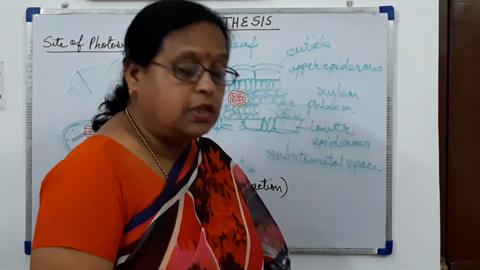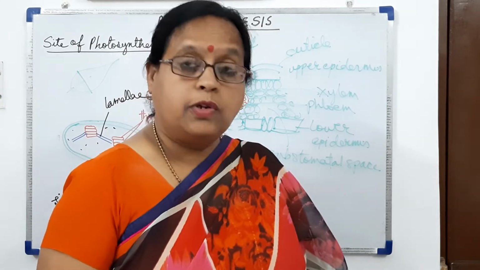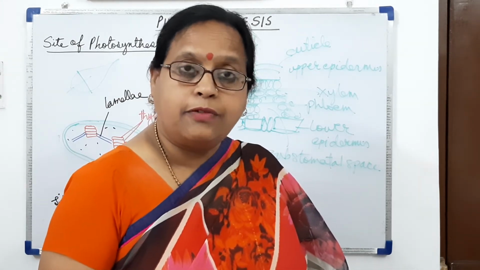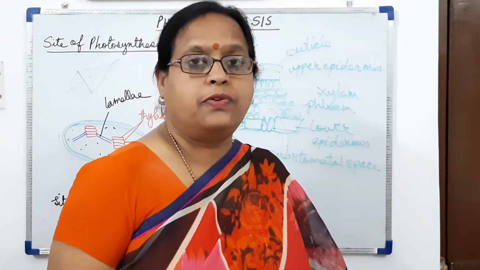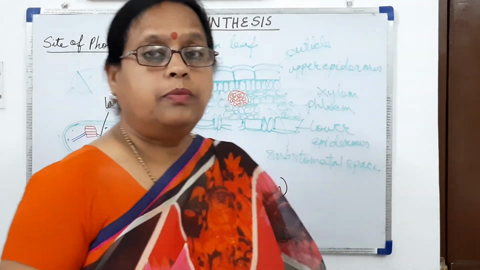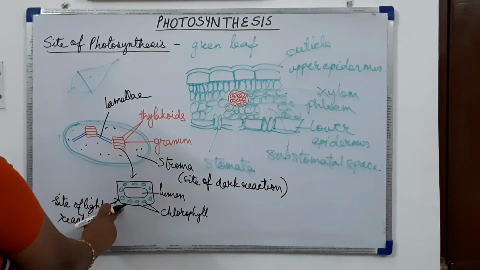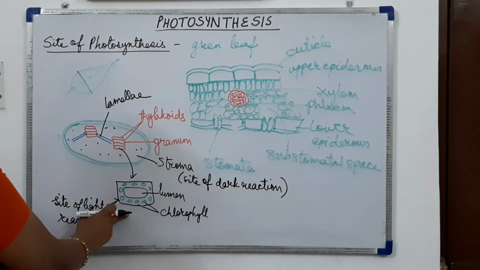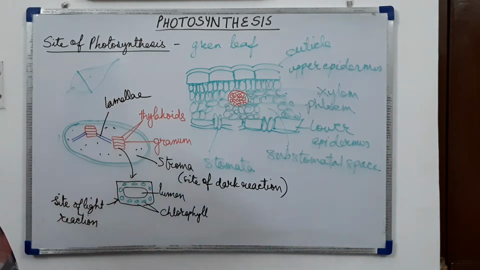Now light reaction is also called Hill reaction or photosensitive reaction, or it can also be called photophosphorylation. So the site of light reaction is what? The thylakoid membrane, which contains chlorophyll pigments.